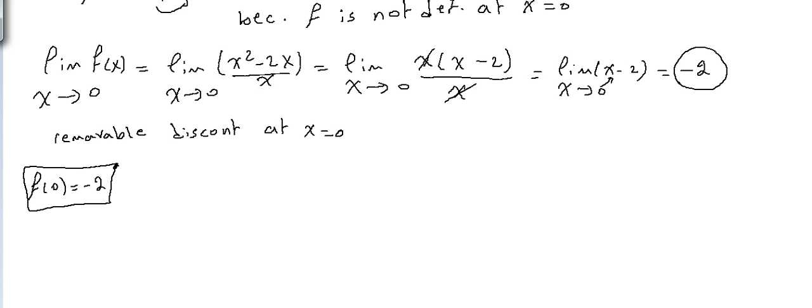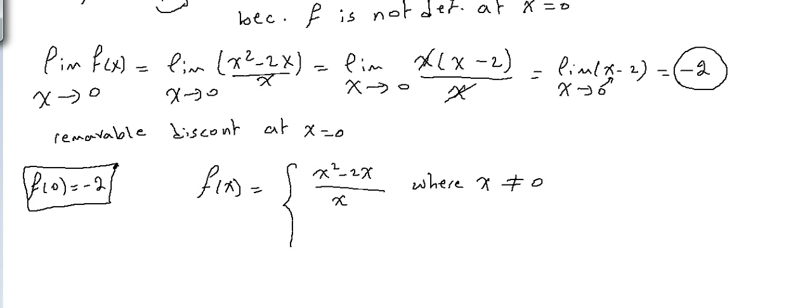In this case, if you want, we can write a new f of x, which is the same f of x that was given by the book, where x should not equal 0, and minus 2 if x equals 0. So now we did extend the definition of f of x, and that's it.